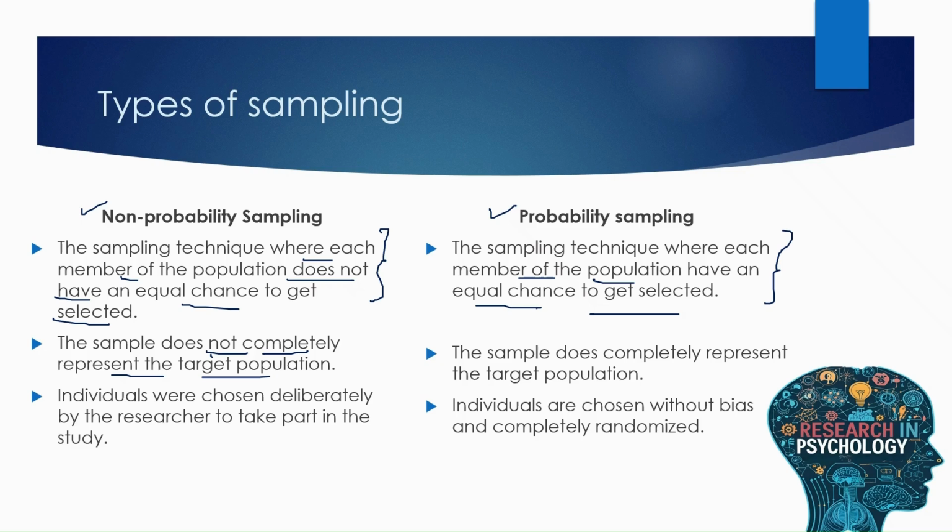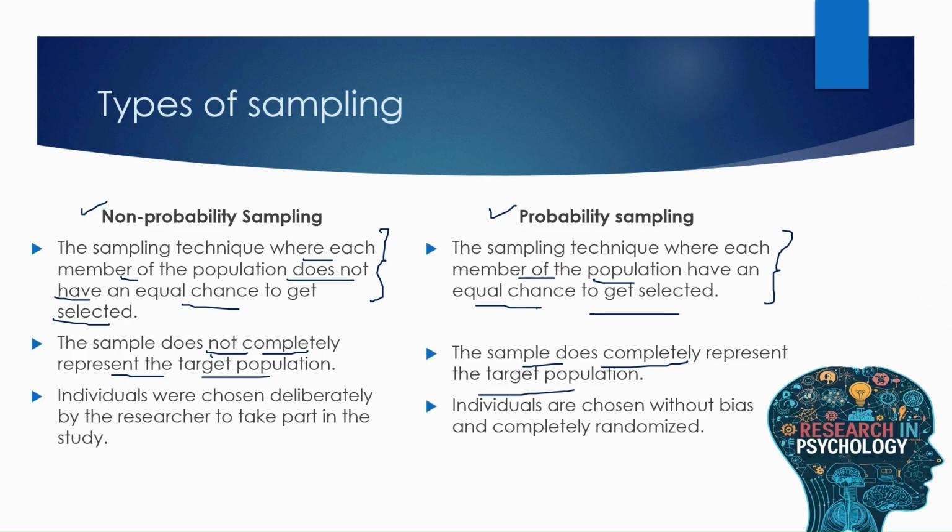While here, the sample does completely represent the target population, which means here the sampling is random. Each and every individual has an equal probability to be chosen for the study. So the sample will show every single characteristic of the population. They will be a true representation of the population.